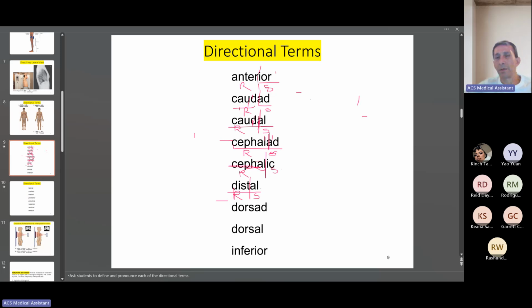That's basically what we're going to do. Very simple. Then we're going to have dorsad. AD is the suffix. Dors is the word root. So AD means towards the back.